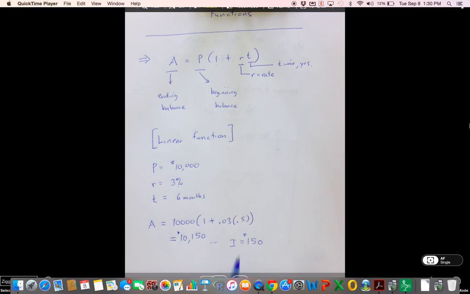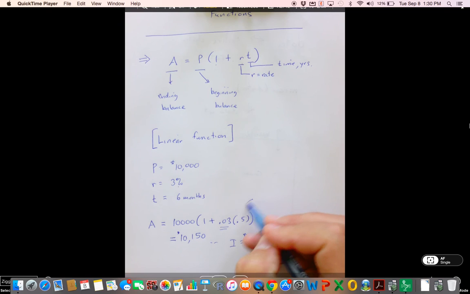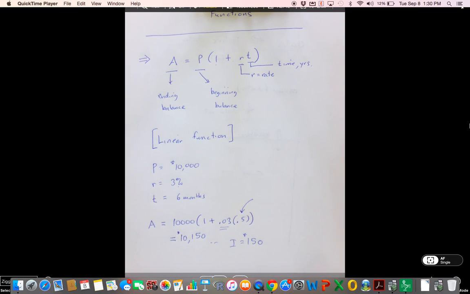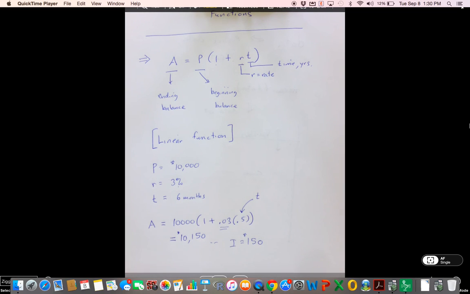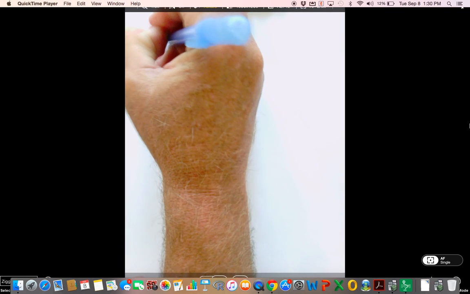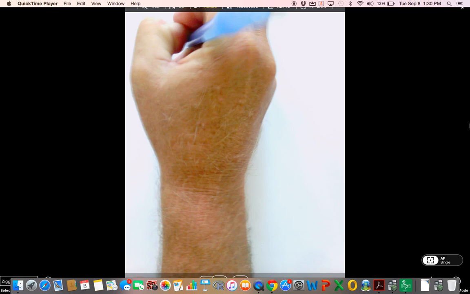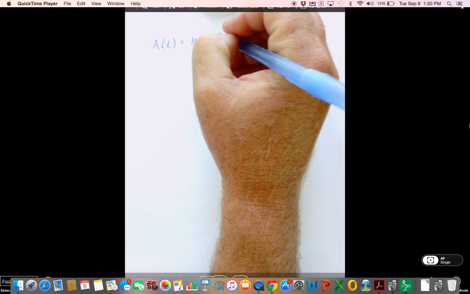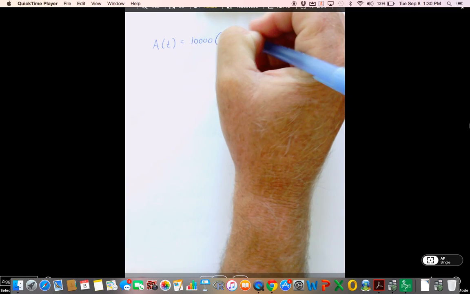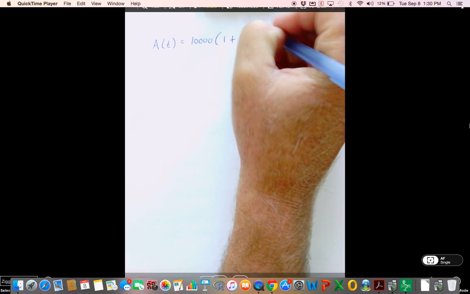a linear function. Now, let's say that we know we have 3%, but we would like to let this be a function of time. So if I do that, then I'm going to change this notation to A of t is 10,000 plus 0.03 times t.